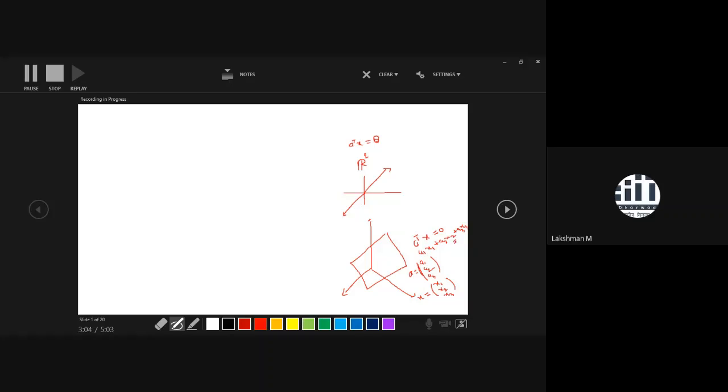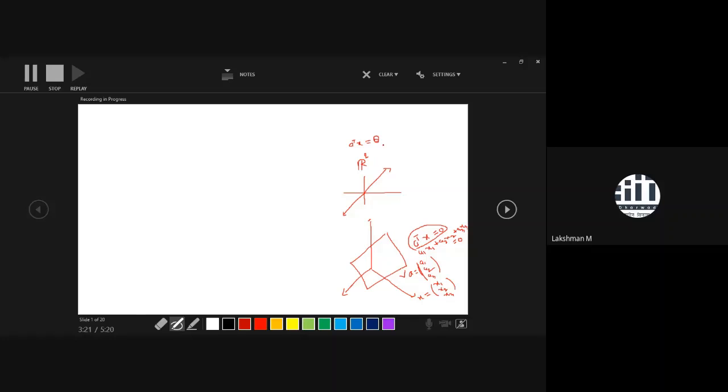So what does it represent? It is an equation of a plane with normal vector A. This is the normal vector of this plane. So in R3, this representation always becomes a plane.